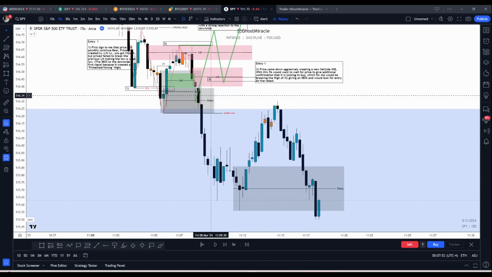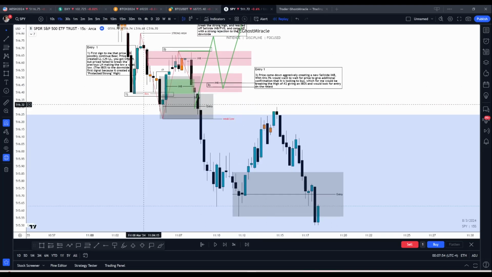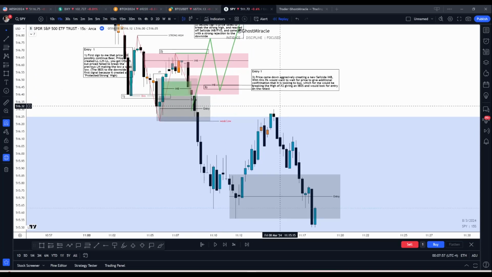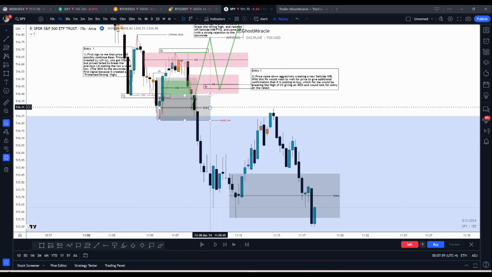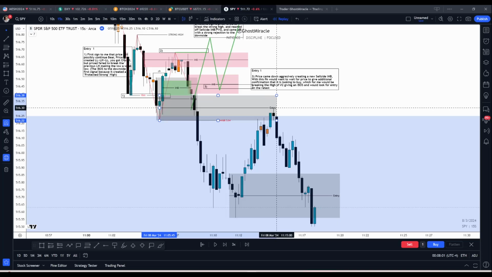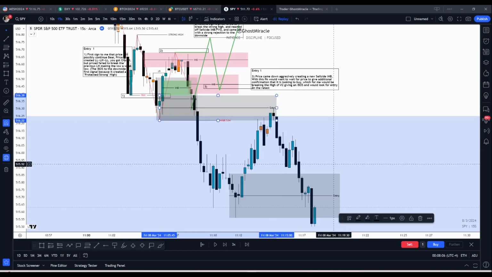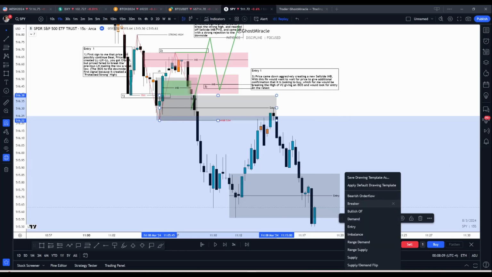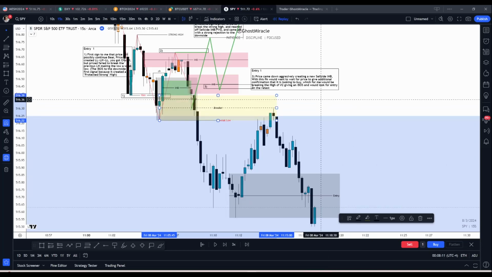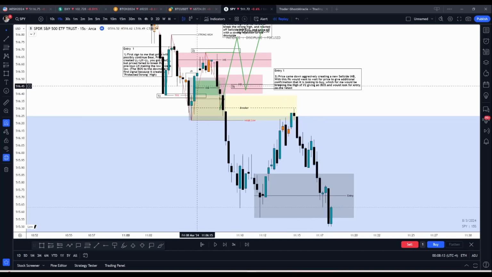So here, the first thing I notice is, because I would have already had this charted up, if this was my initial entry, which is a technically failed demand or supply, then this automatically becomes a breaker, just for the reason that it was a valid supply or demand zone because of the change of character.